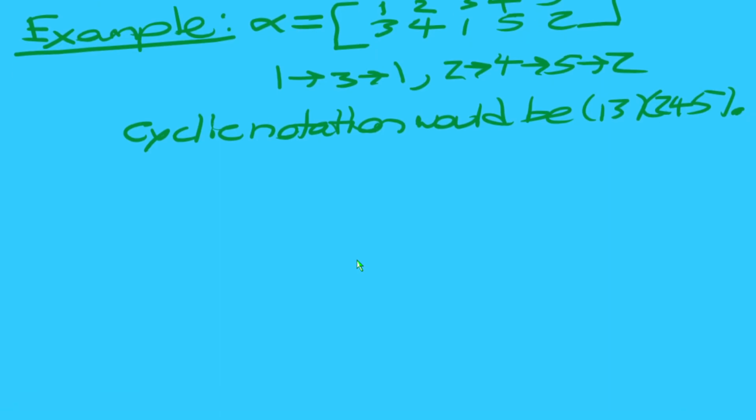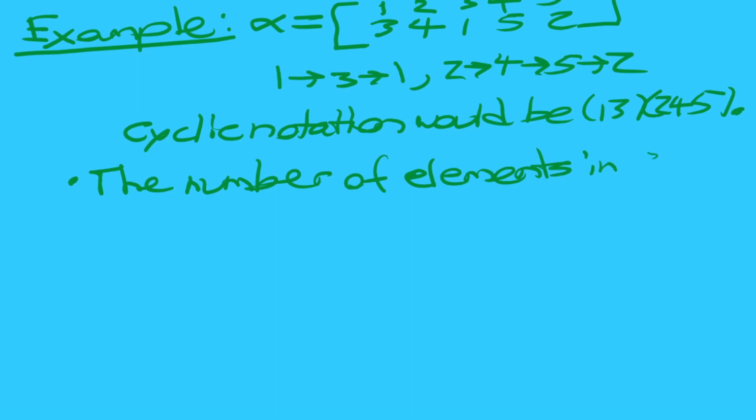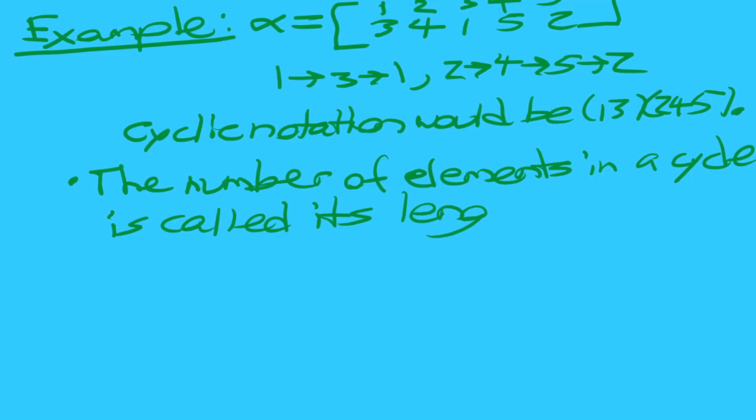All right, so the number of elements in a cycle is called its length.